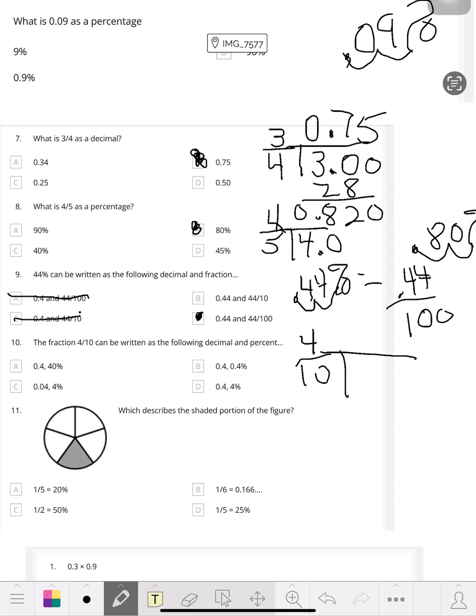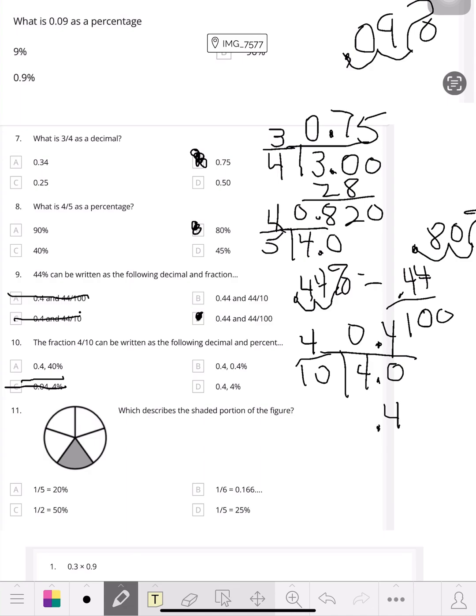We do this, carry down the 4, put this here, put a 0 up here, put a dot up there. So 10 goes into 4, doesn't go in at all. Put a 0 here, 10 goes into 40, 4. There's your decimal. It's going to be 0.4. Okay, so now we know this one's gone. C doesn't count because it's point. So that's the decimal, it's 0.4.